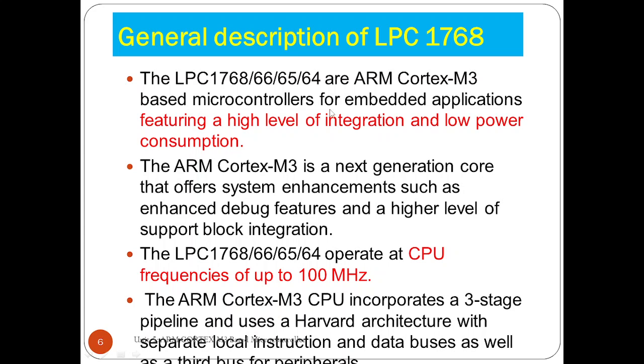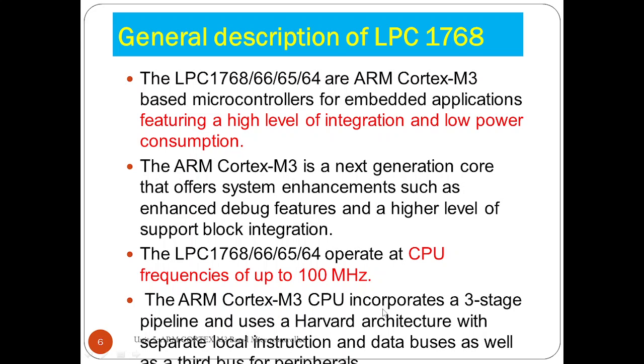It is a microcontroller for embedded applications featuring a high level of integration and low power consumption. The ARM family is famous for low power consumption. ARM Cortex M3 is the next generation core, offering system enhancements such as enhanced debugging. These are some features, you can just read it. The LPC supports frequencies up to 100 megahertz.